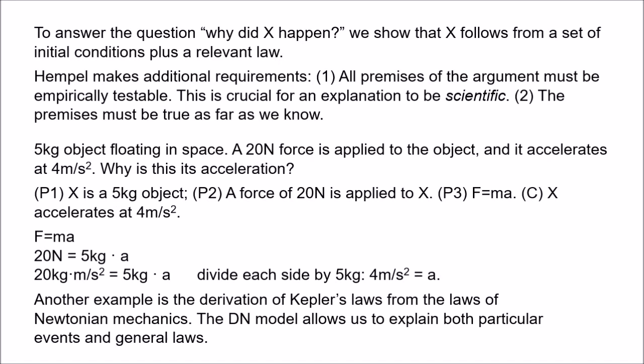We can show that given Newton's laws, and given the initial conditions of having a sun surrounded by planets, the planets will obey Kepler's laws, and that would be a deductive-nomological explanation of Kepler's laws. So this is quite a nice feature of the deductive-nomological model. It allows us to explain both specific events, such as this object accelerating at 4 meters per second squared, and general laws, like Kepler's laws, general patterns.